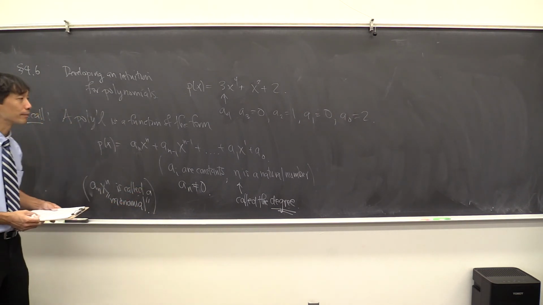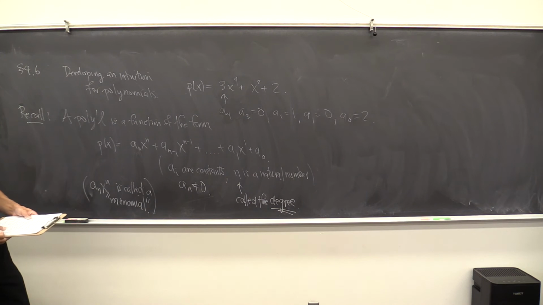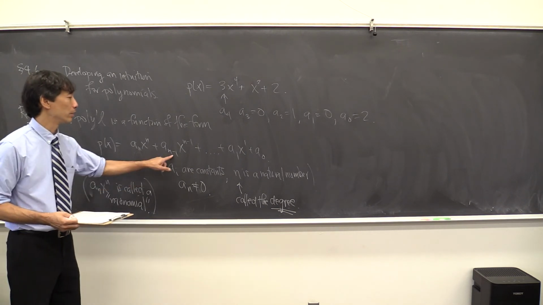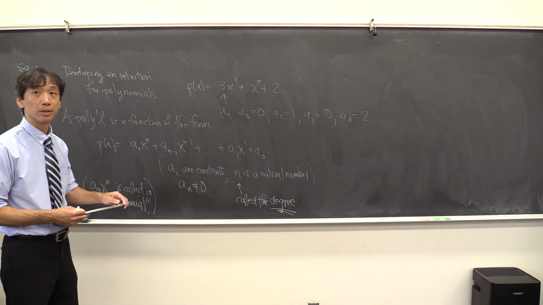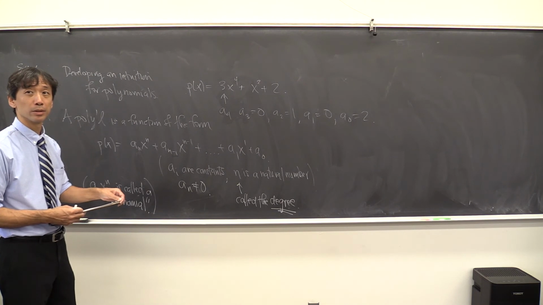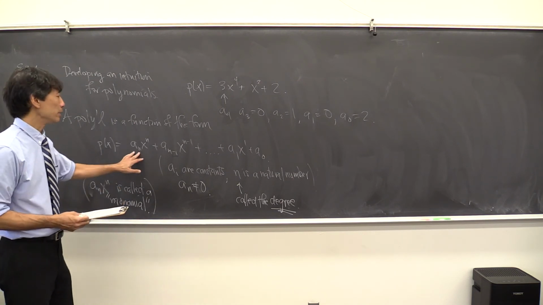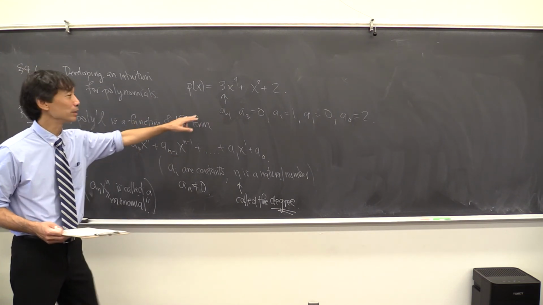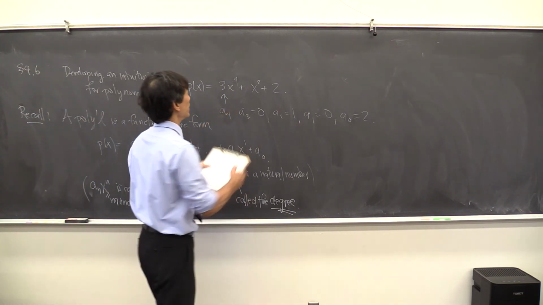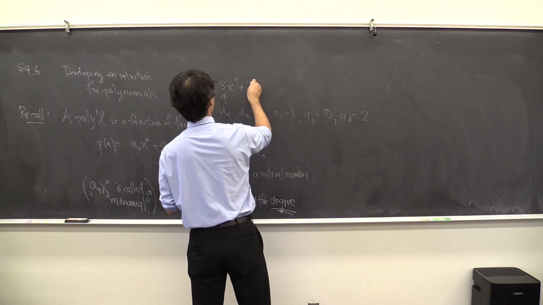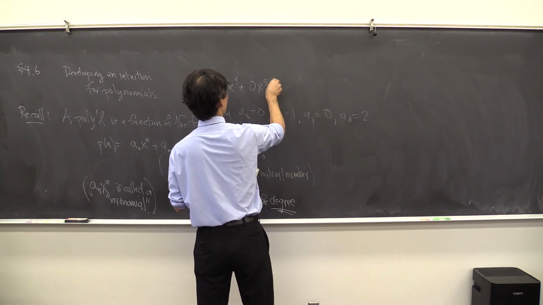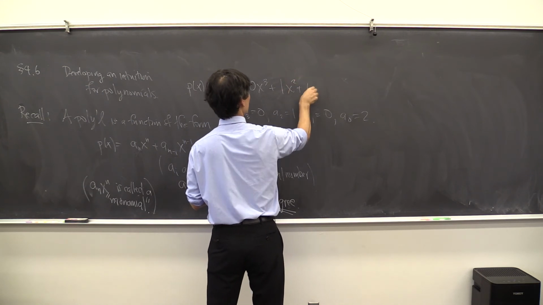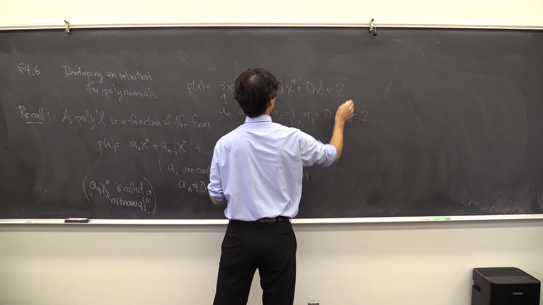Yes, Vivi. I just have a question. For the second term, like n minus 1, why do you have the n minus 1 there? Well, it's just a numbering system on the coefficients. If I write this out, it's 3x^4 plus 0x^3 plus 1x^2 plus 0x^1 plus 2.